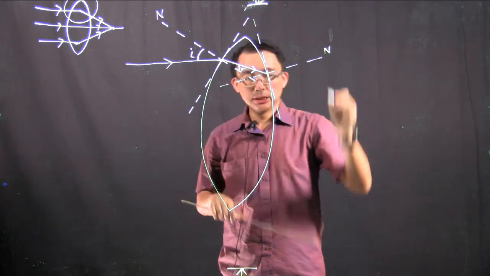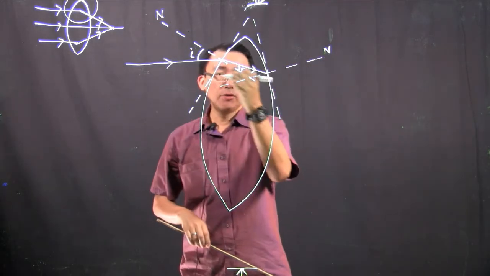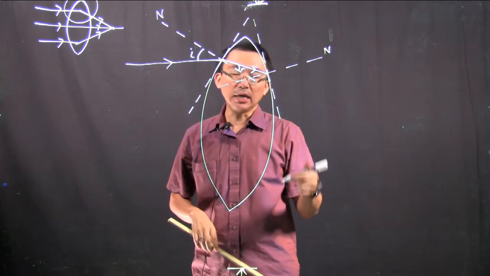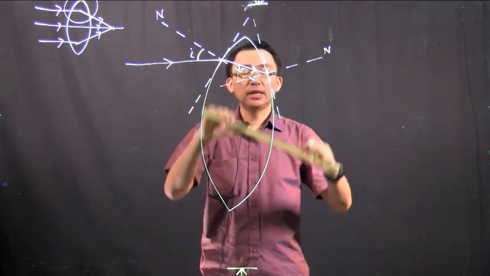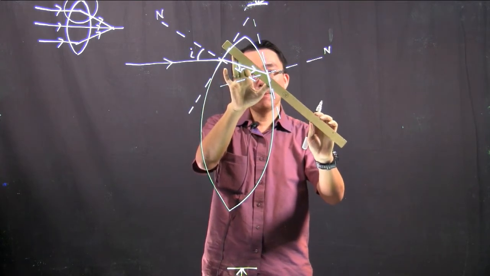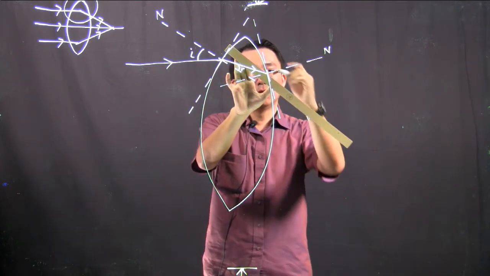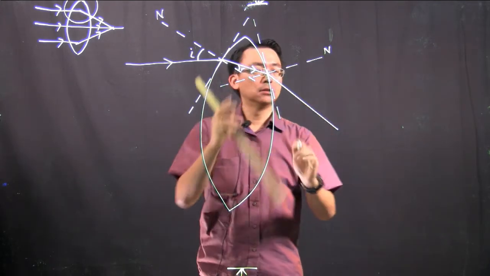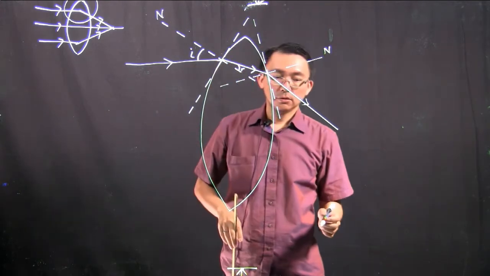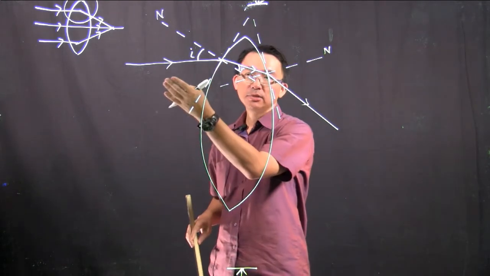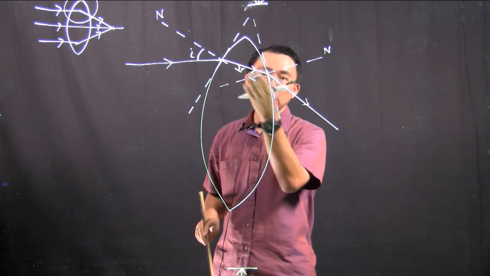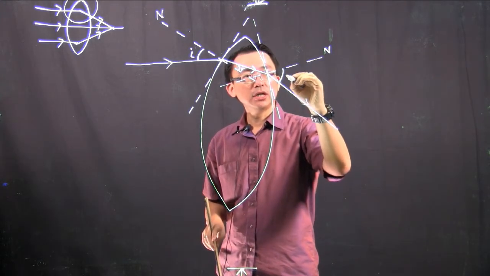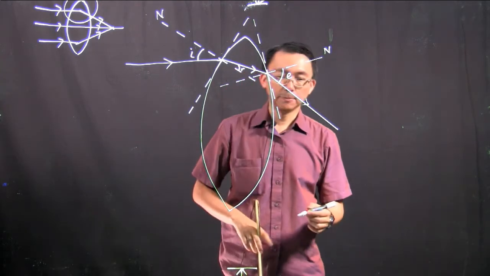The refracted ray inside the lens, as it comes out from the lens into the air, which is less dense, bends away from the normal, like this. So this is what happens as the light comes in from the air on one side through the lens and out of the lens. And here you have a larger angle of emergence.